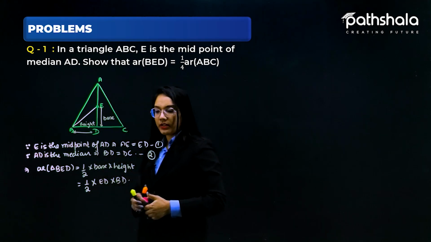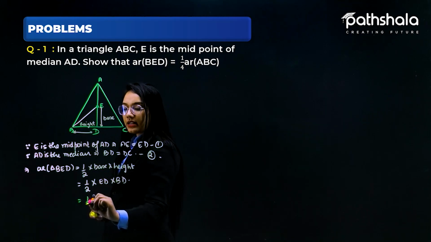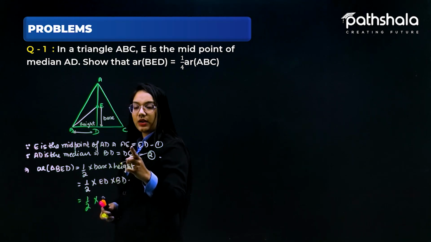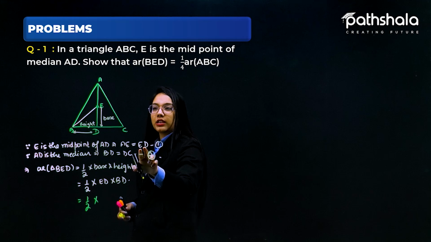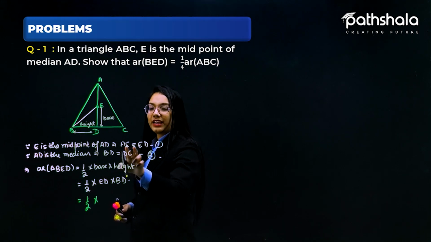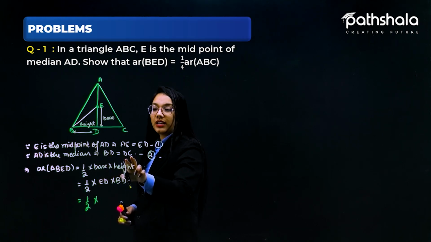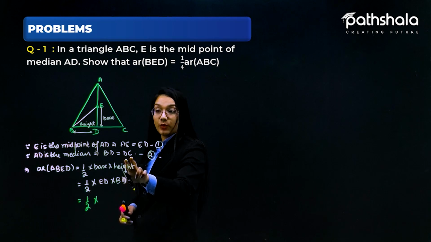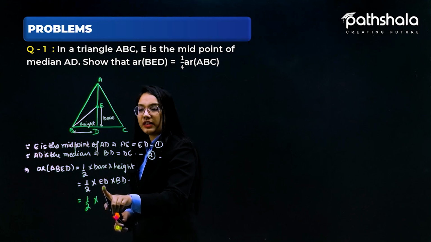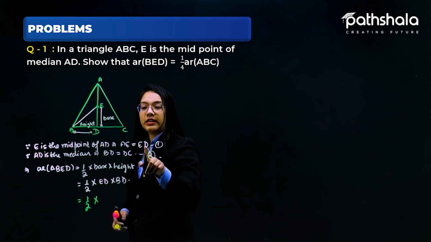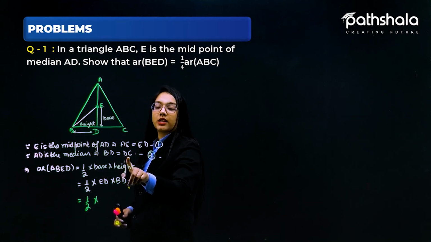Now, what can we say about ED and BD? We can say that ED is equal to AE, and for BD we can say that it is equal to DC.